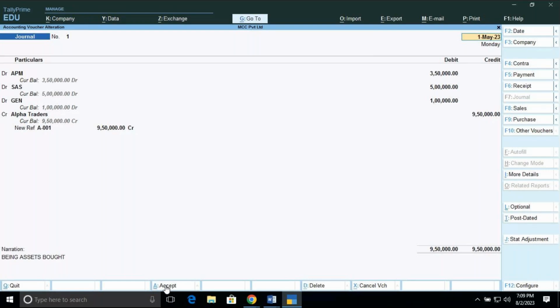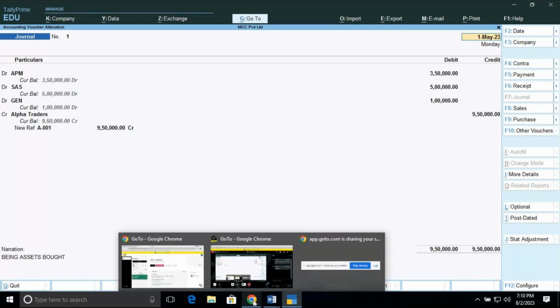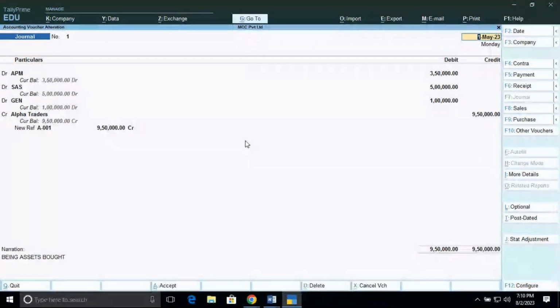All of you got this? Is this clear? Yes, sir. Okay. So what is this journal voucher? I'll give the definition for this journal voucher.